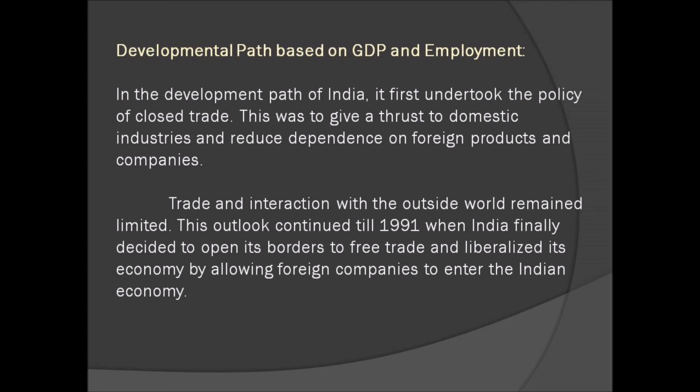Government also concentrated on rural development. Public sector industries were given more importance, and private sector companies or industries were subjected to strict rules and regulations. After all these measures, there was a sustained growth in the GDP, which led to the rise in per capita income.